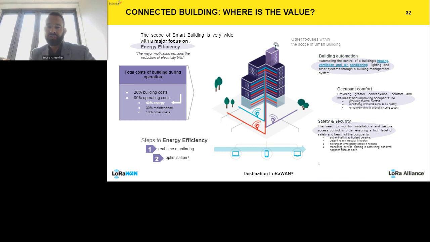But when you look at the lifetime cycle of the building, the construction is just 20% of the overall cost of the operation of the building. 80% of the total cost of ownership of a building is linked to operational cost, energy, maintenance, and other costs related to obsolescence and so on. So when you look at smart building and connected building, of course, energy efficiency is definitely a driver, but you have many more, like building automation, comfort for occupants and occupancy, safety and security.